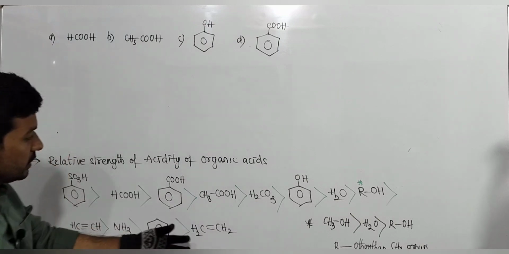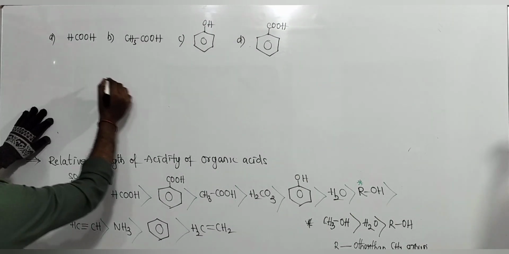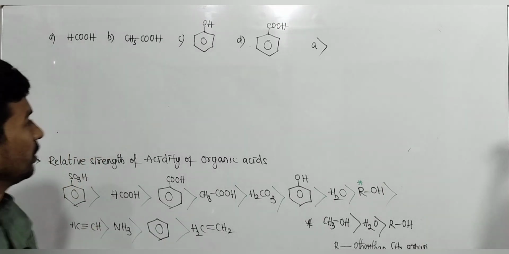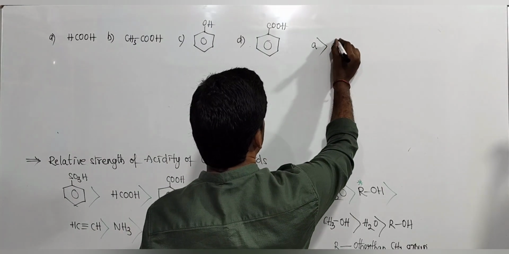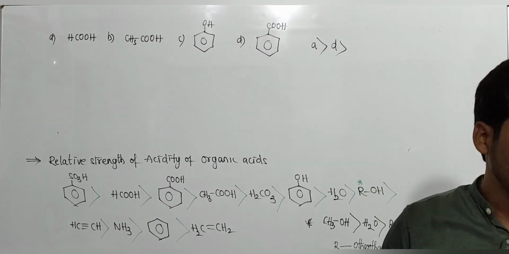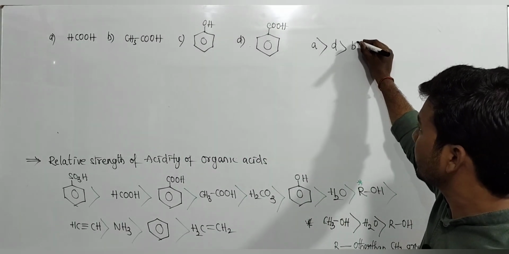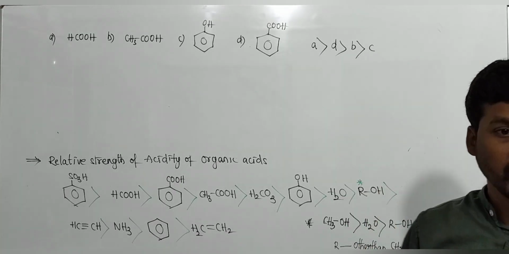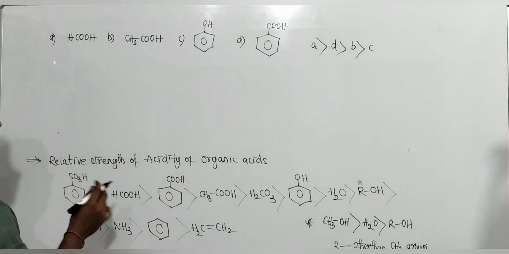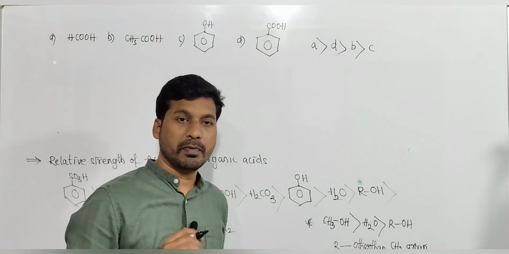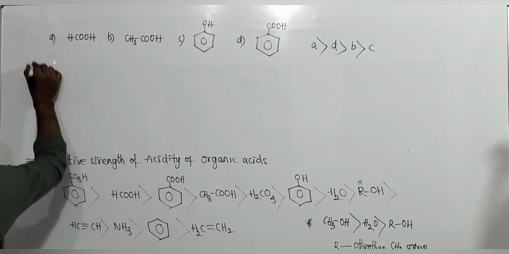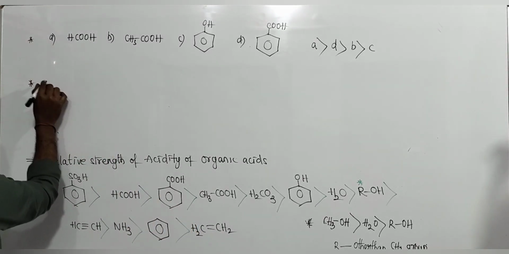By looking at this, we can easily say formic acid is a stronger acid than benzoic acid, which is option D. Between acetic acid and phenol, acetic acid is the stronger acid, B stronger than C. So by following this order we can answer easily. Moreover, it is important to remember that minus I groups increase the acidic nature of organic acids. Next example, last important example.